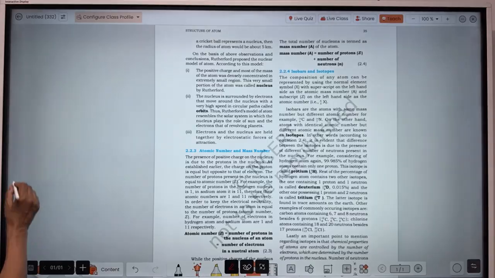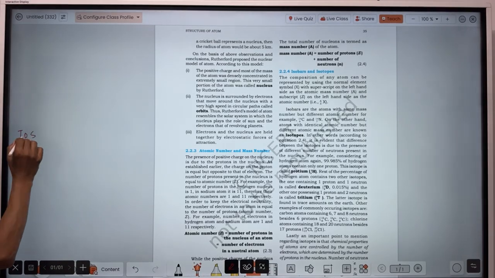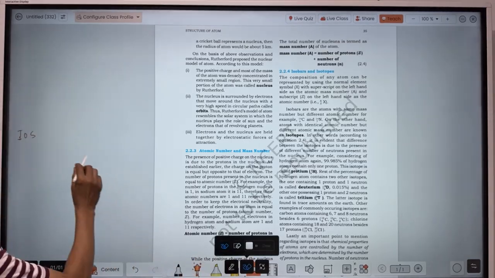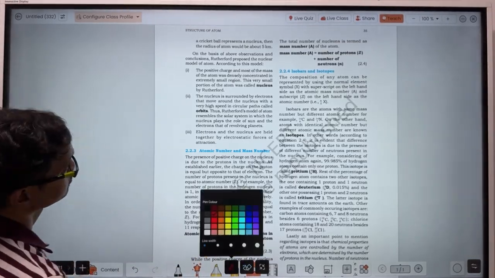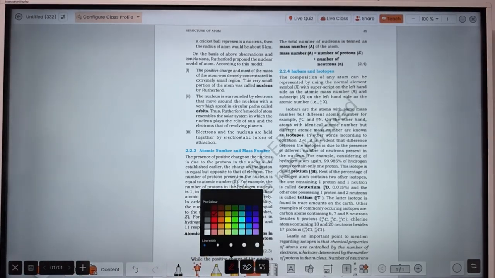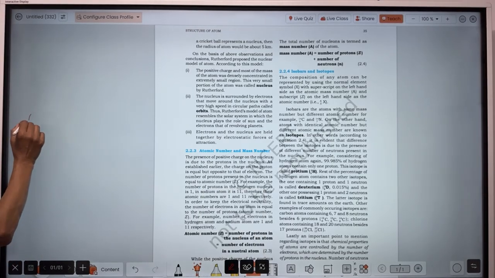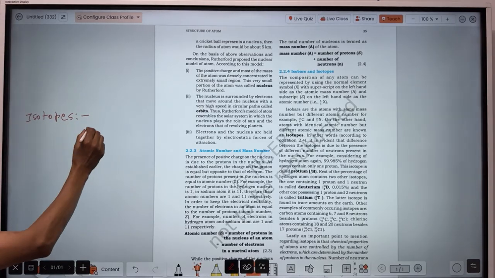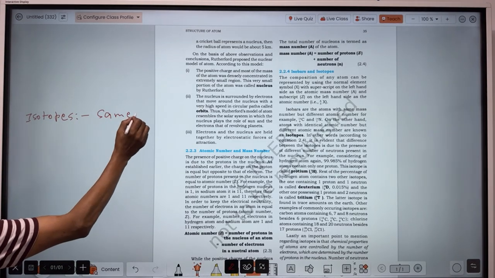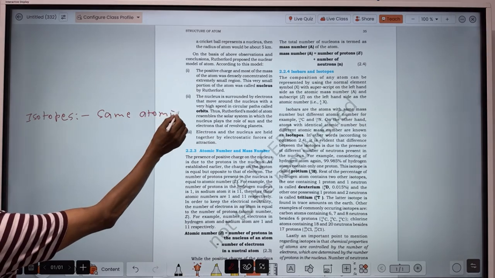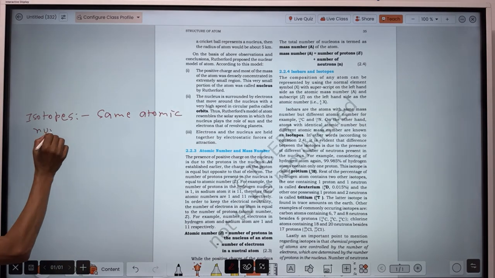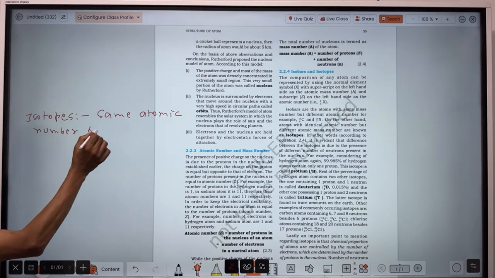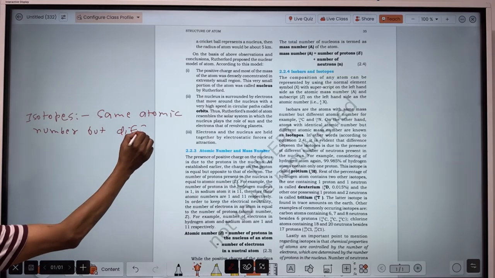Listen here: isotope means same atomic number but different mass number.